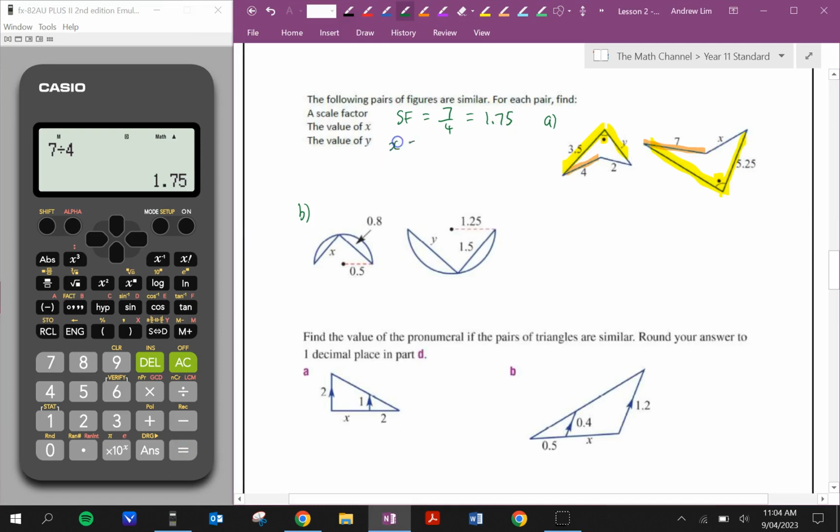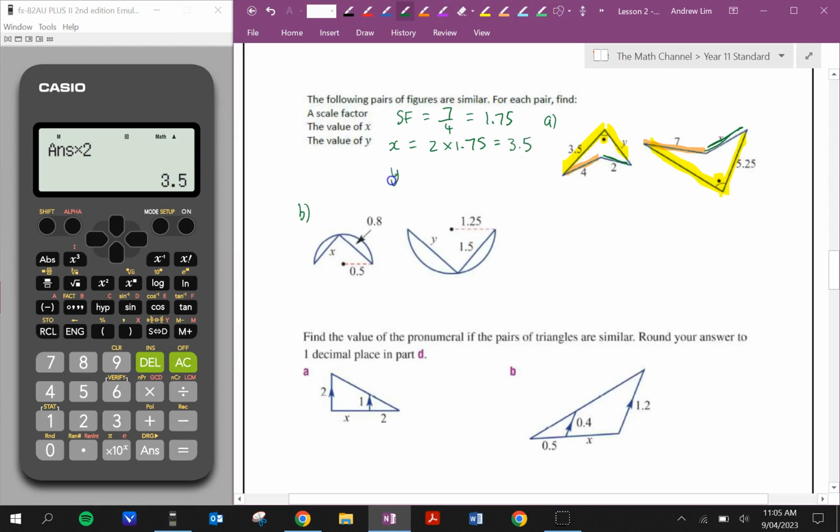To work out x, we can see that x corresponds with the 2. Because x is part of the bigger shape, I'm going to take the smaller corresponding side and multiply by the scale factor, which is 3.5.